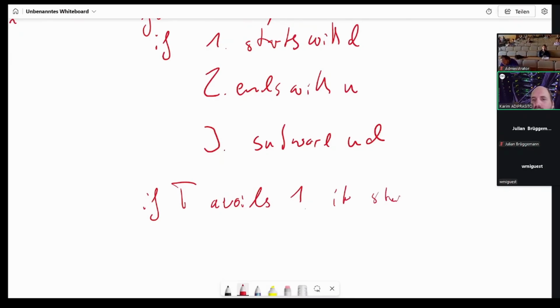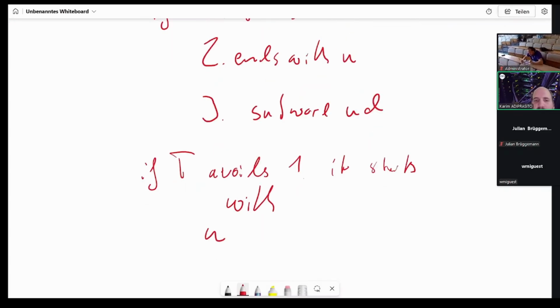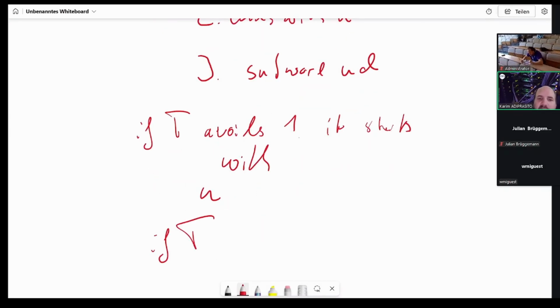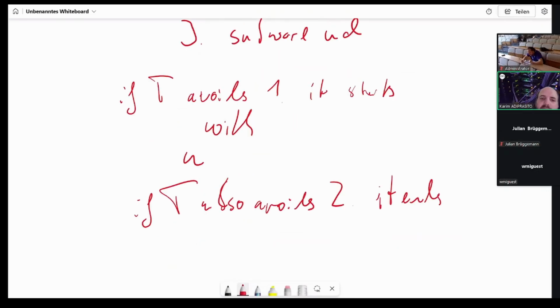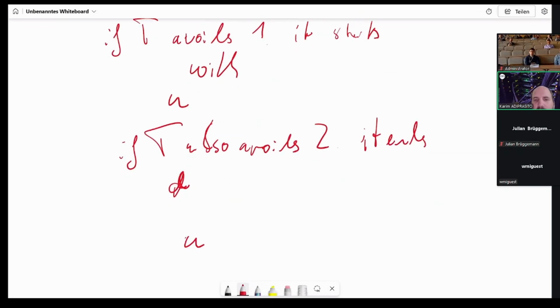If it also avoids 2, it ends with a down, with D. All right, so you start with up and you end with down, but then somewhere in the middle you have to have an up followed by a down.